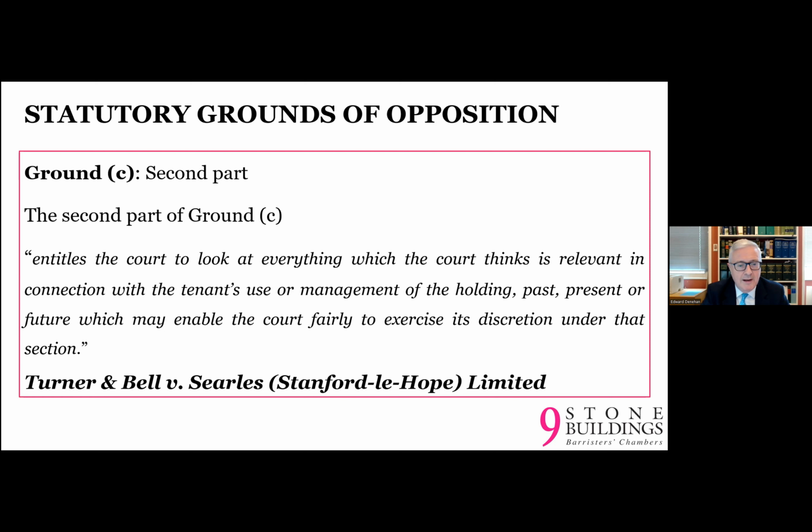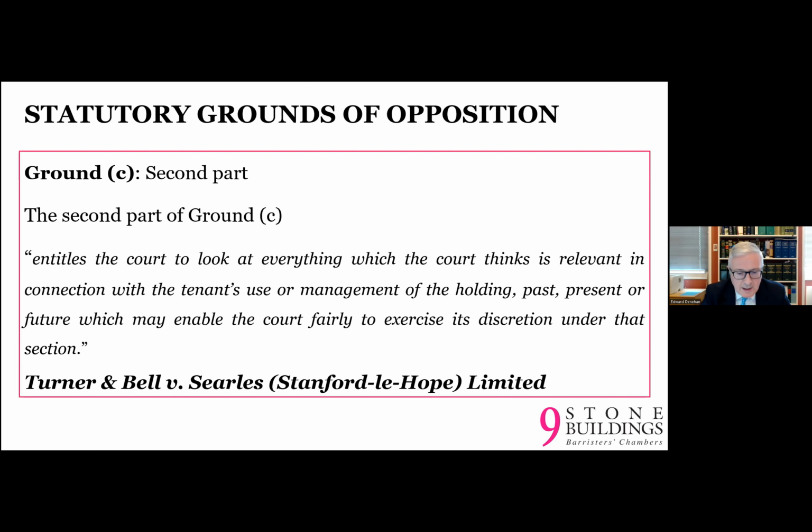There's an interesting example of successful reliance upon the second element in ground C in the case of Horn and Meredith Properties, which I set out in the notes. Essentially what happened there was that the poor landlords were in a relationship with two, should I say it, lunatic tenants who over the course of a number of years commenced spurious court proceedings against the landlord, some of which were struck out because of the Henderson rule.